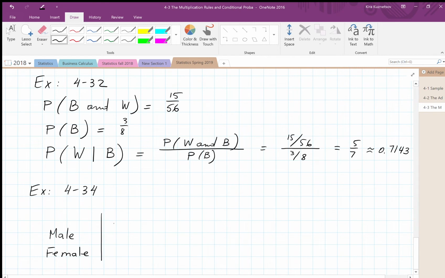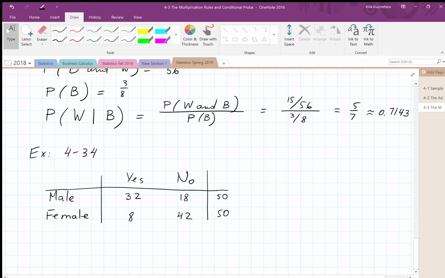The answer to my question was either yes or no. Out of men, 32 answered yes, 18 answered no, for the total of 50 males. Out of female, 8 said yes, 42 said no, for the total of 50 females.